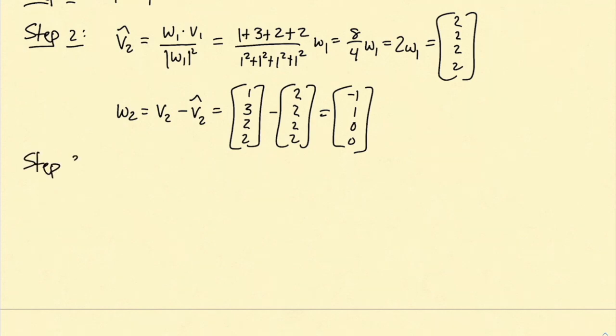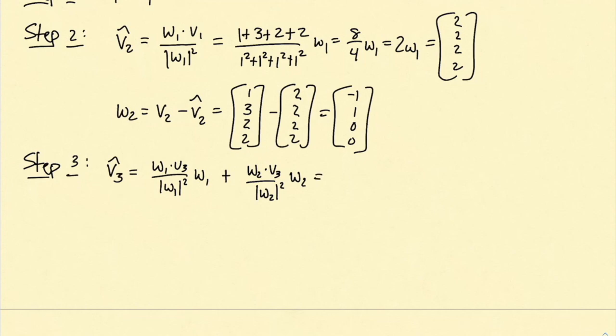The third and final step asks us to compute the orthogonal projection onto the plane spanned by our vectors W1 and W2. Again, we simply use the orthogonal projection formula because W1 and W2 are an orthogonal basis for the space they span.